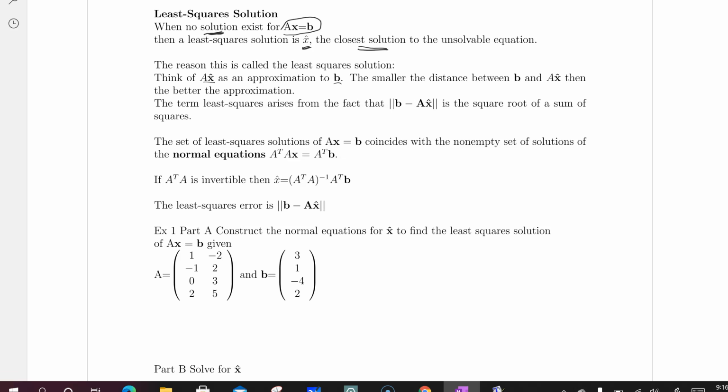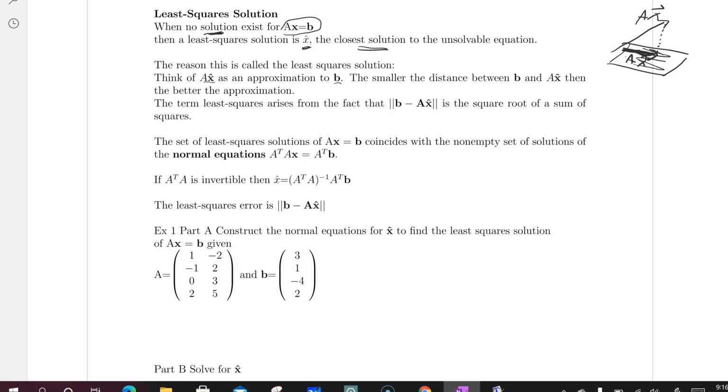So what we're going to be doing is projecting b down onto what the solution set would be. If I just try to draw, this is the span down here, and this is b. There's no solution because it's not in the span. So we draw the projection down and find A x hat, which is the closest to b, because it's the orthogonal projection.